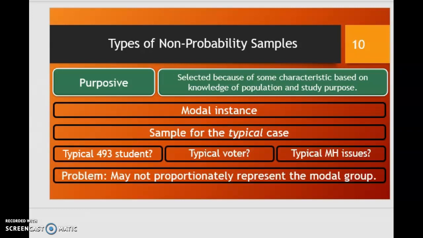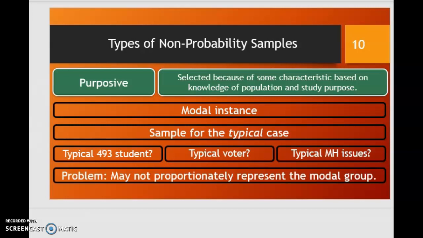Other types of purposive sampling are like the model instance, where we look at the typical case. But sometimes determining what the typical case is is a judgment call. How do we determine what's a typical case?